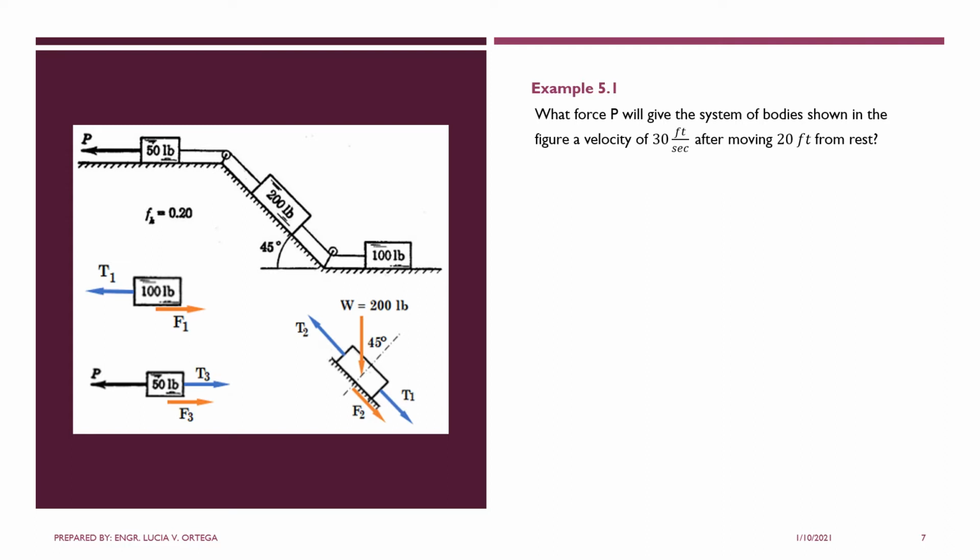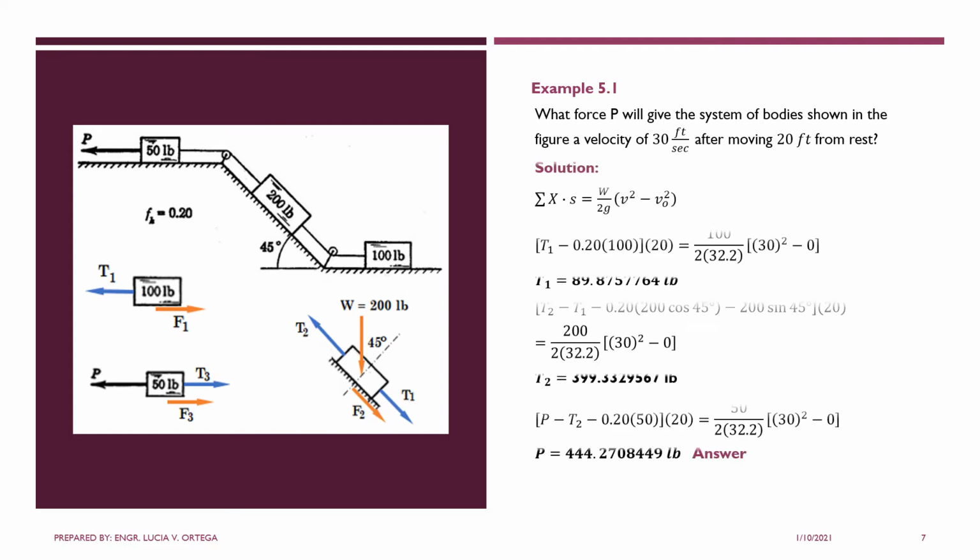So after constructing the free body diagram, it would be easy to solve the problem. We have to apply the work energy equation for each block, separate from each other. So this is the general work energy equation. Considering the first block, T sub 1 minus the force of friction. What is the force of friction?